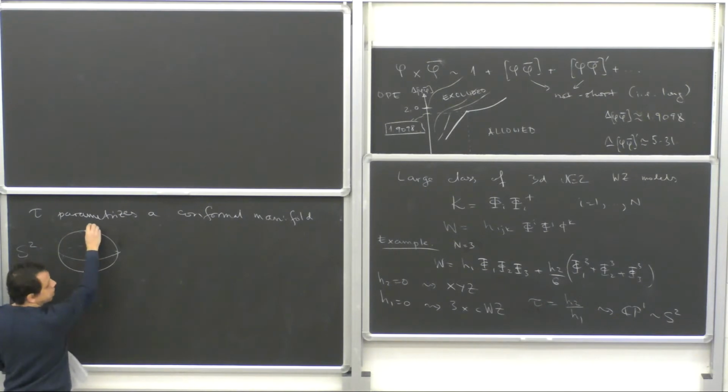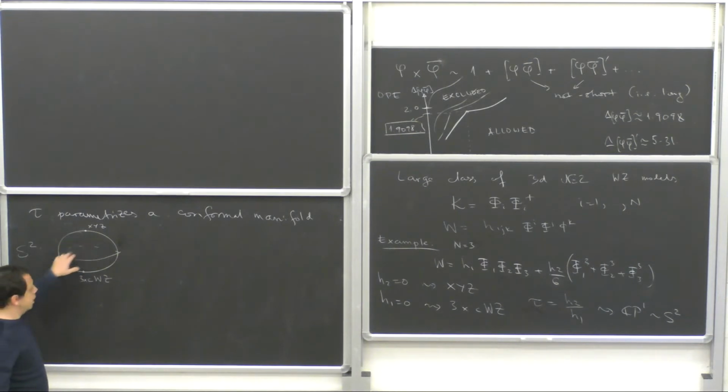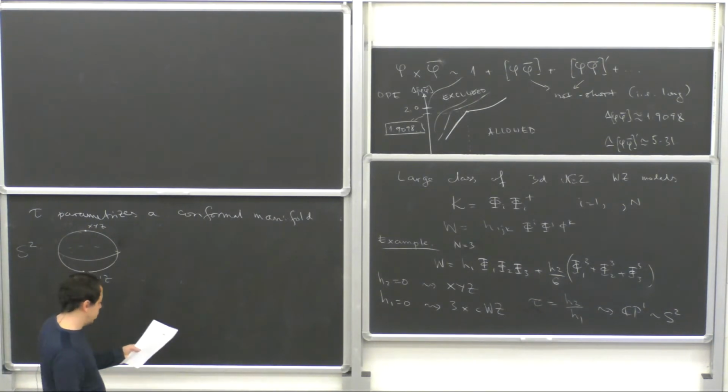This will be XYZ, and this will be 3 copies of the critical Wess-Zumino model. And then everything in between will be some other CFT. So what you can ask is, what happens to the spectrum of operators as I vary tau? So I have infinitely many CFTs, and I can ask that question.